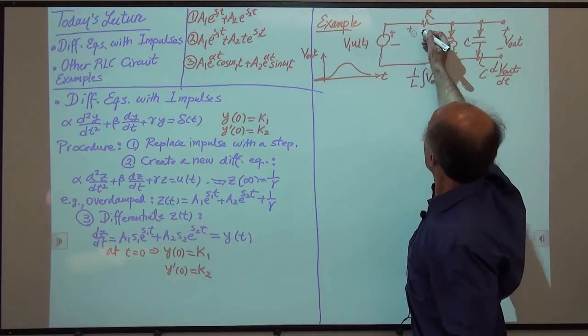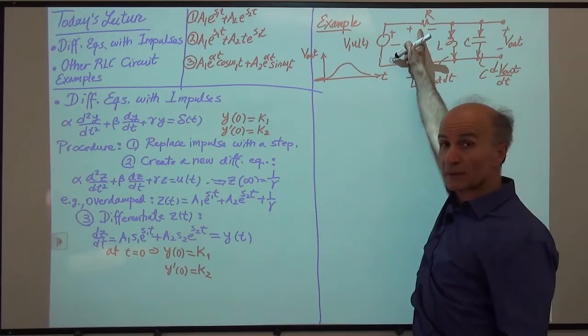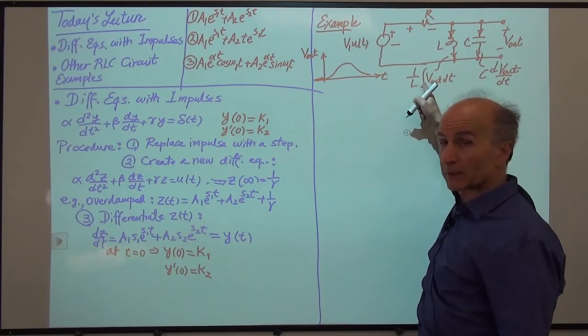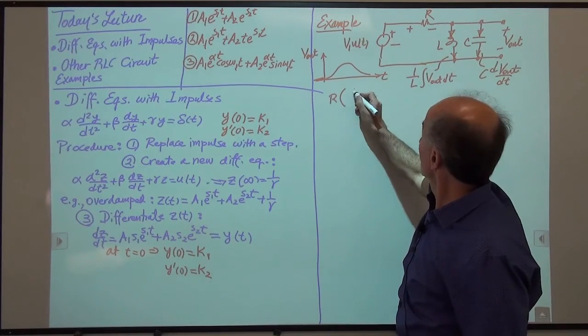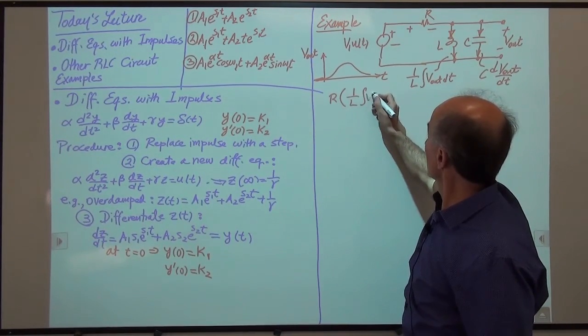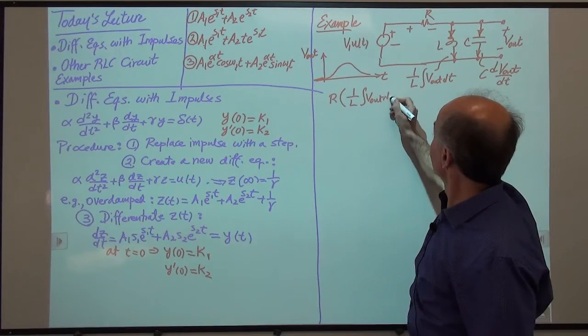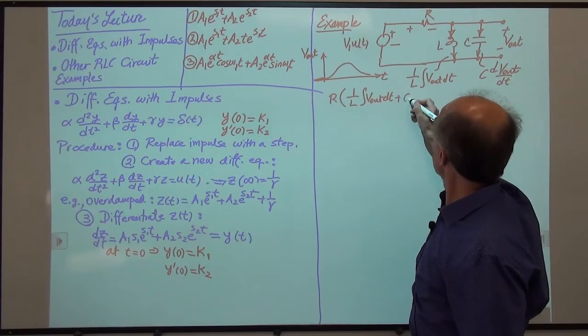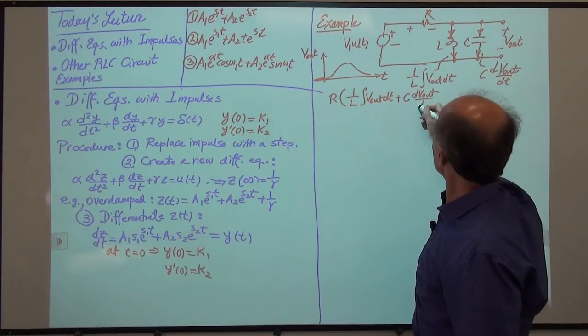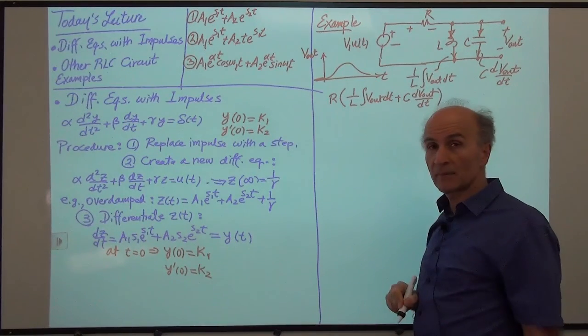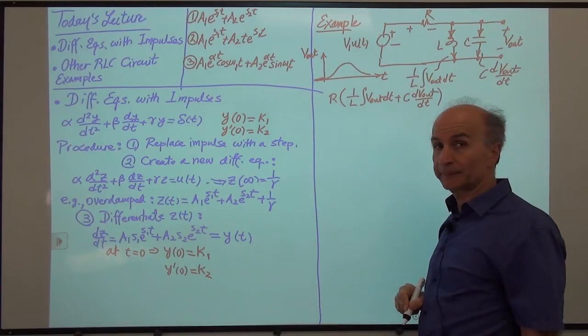The voltage drop from here to here will be given by this resistor times the current through it. So that voltage drop is R times 1 over L integral of V out dt plus C dV out over dt. That's the voltage drop across the resistor, right?